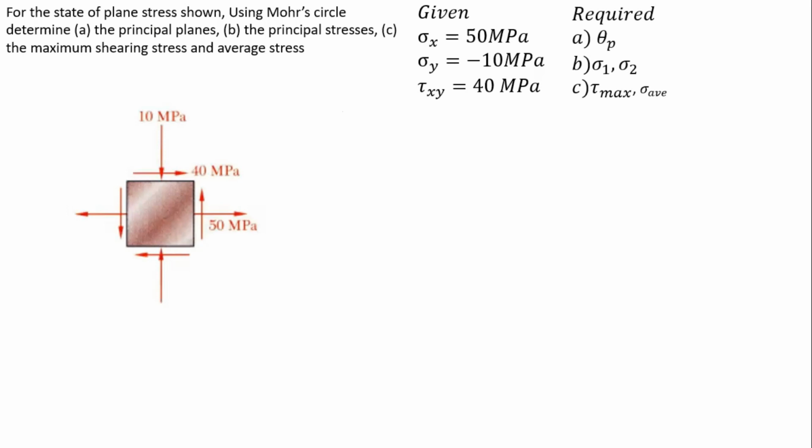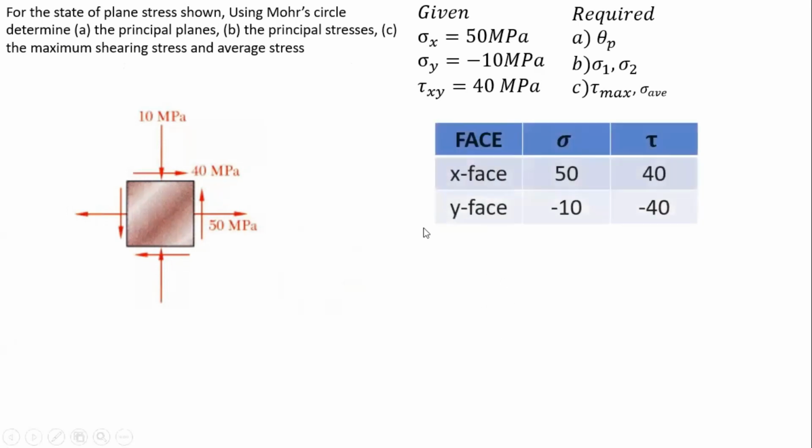For the given, meron tayong 50 megapascal na sigma x, sigma y of negative 10 megapascal, and tau xy of 40 megapascal. And then yung required natin is theta p, sigma 1, sigma 2, tau max, and average stress.